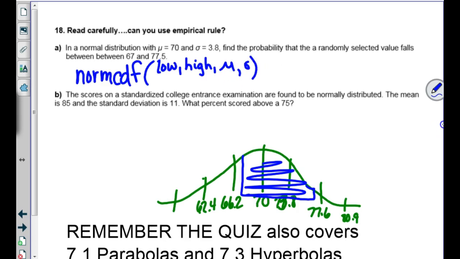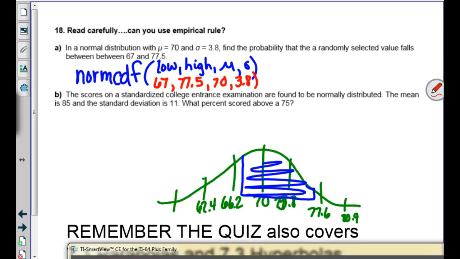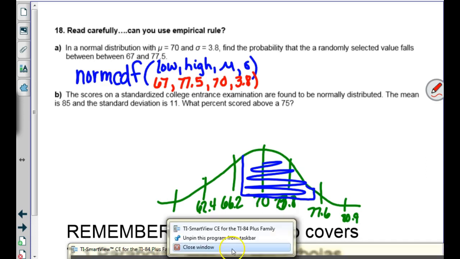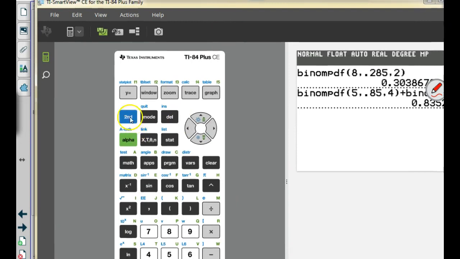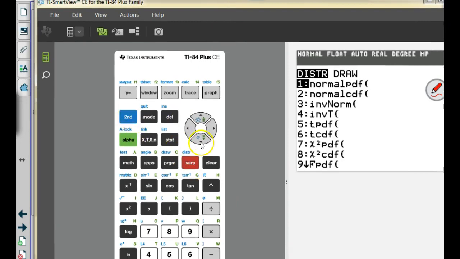Okay, so for this question, you're putting in 67, 77.5, 70, and 3.8. So it's the same place on the calculator. Second vars, but it's right near the top here. It's number 2 though, not number 1.